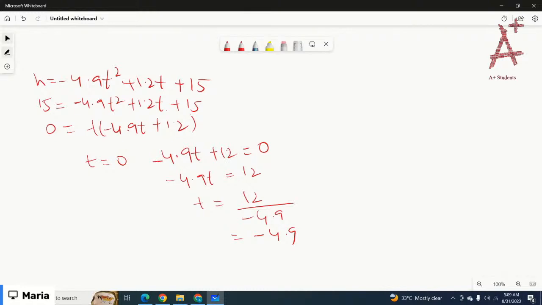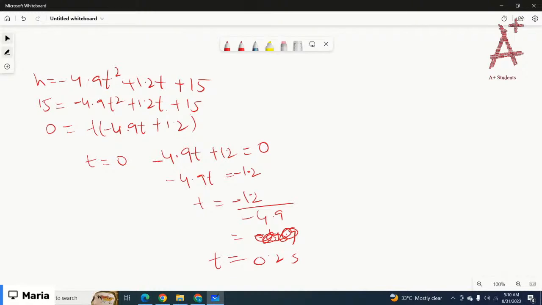No, no, no. 12 divided by negative 4.9. Hold on. It is negative 1.2, not 12. I forgot to divide them. 1.2 divided by 4.9, that would be 0.2. T equals 0.2. That means the diver is at 15 meters at 0 and then at 0.2 seconds, right?